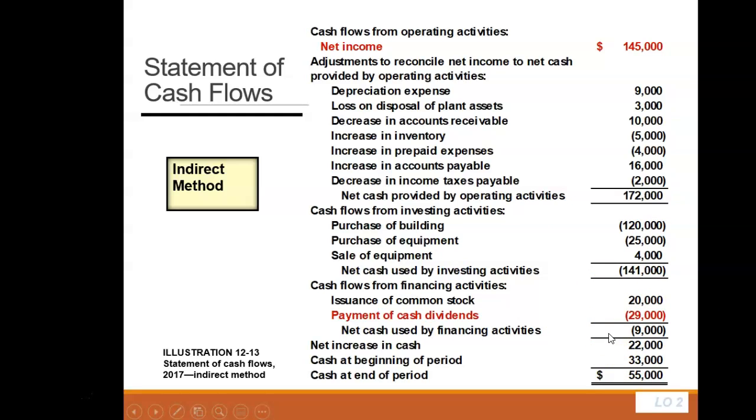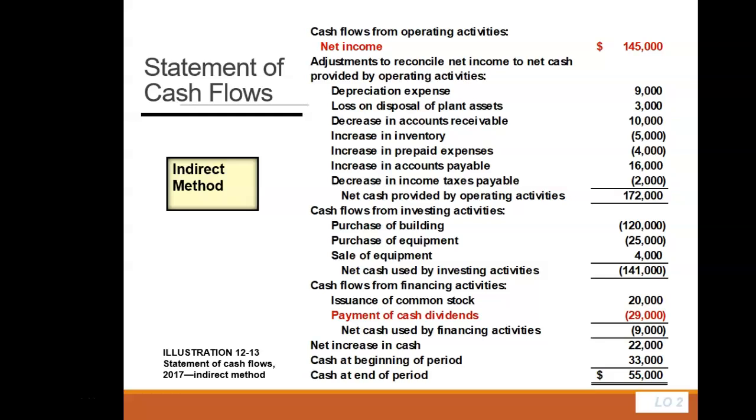We would then indicate whether overall the cash account increased or decreased. It was an increase of $22,000. We're showing our beginning cash balance of $33,000 to get an ending cash balance in the amount of $55,000.